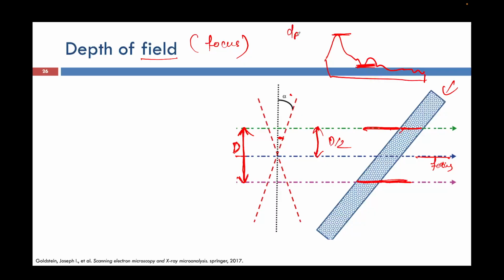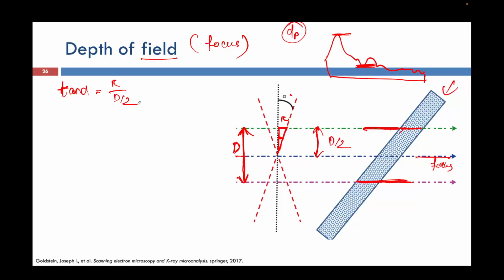But here, instead of diameter, I am choosing the radius, so I can write according to this. Now I am just putting the triangle here. In this triangle I can write tan alpha is equal to r divided by d by 2, right?